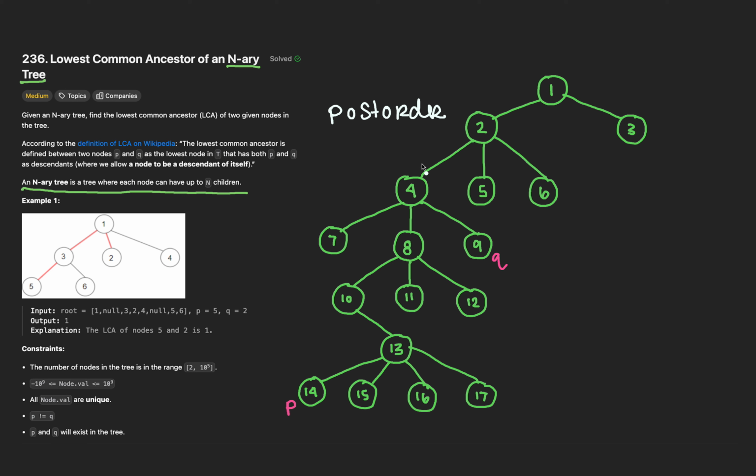I'm not going to get into the nitty-gritty details since we're all post-order pros by now, so let's skip to the interesting part where we're going to end up at node 13 because it has one of our key nodes as its children. Here at node 13, we're going to recurse down all 4 of its children.